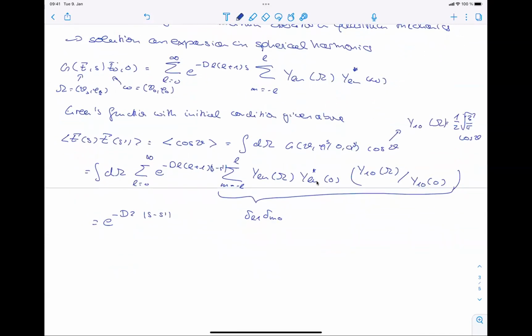And similarly, the end-to-end distance vector we find, well, directly, I don't have to do this again, sorry.